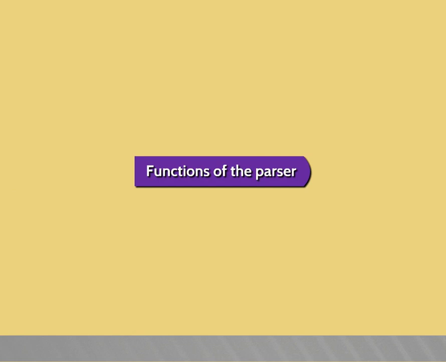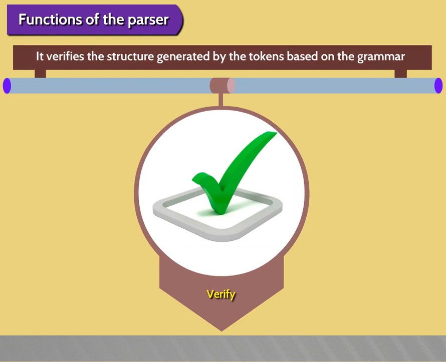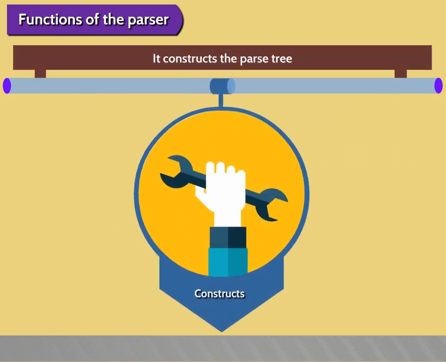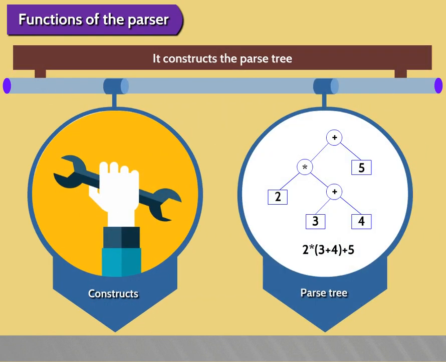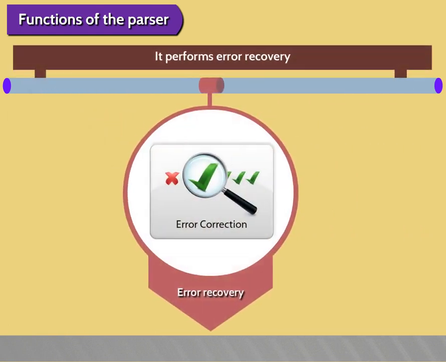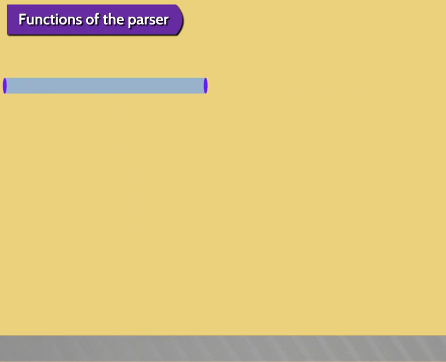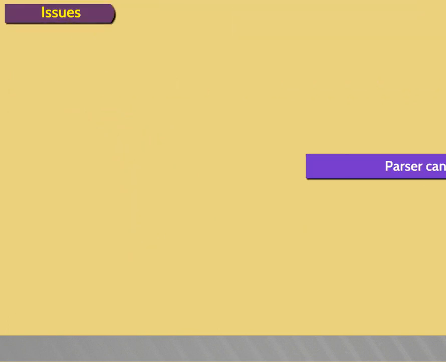Functions of parser. It verifies the structure generated by the tokens based on the grammar. It constructs the parse tree. It reports the errors. It performs error recovery. Issues.